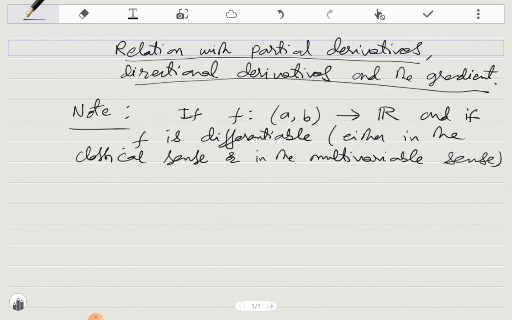Multivariable sense means that there is a linear transformation such that something happens.